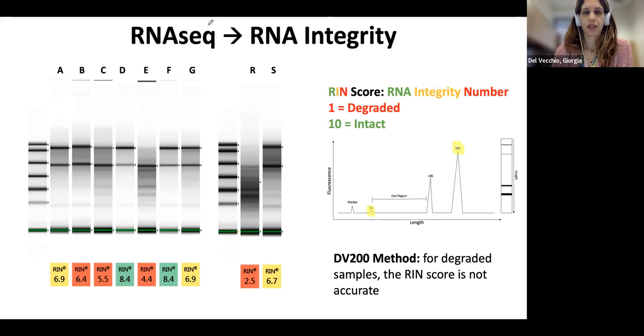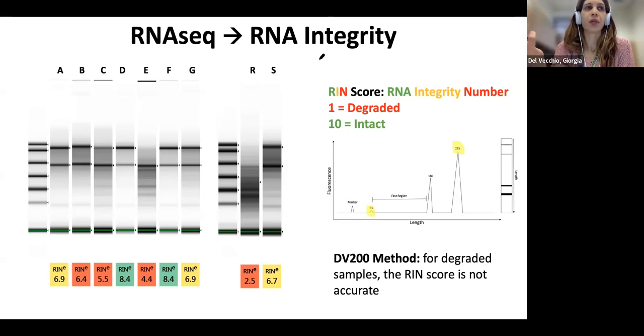So the TapeStation is also giving you a score, this RIN score. Yesterday we saw the DIN score for DNA, and today we are looking at the RIN score. When we talked about the DIN score, we said, is it that important for my library prep?